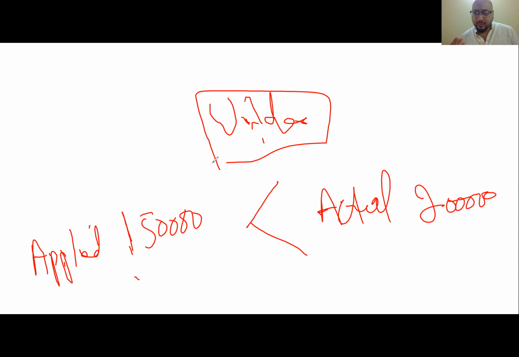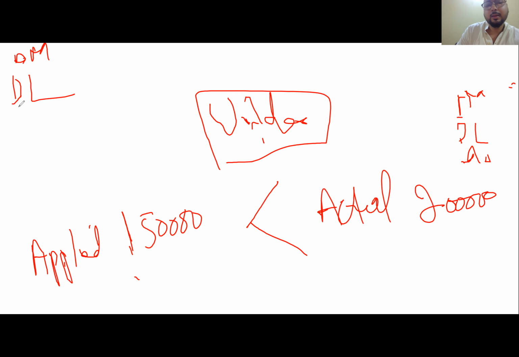So when our actual cost is increased, the product cost is going to be direct material, direct labor, manufacturing overhead. Let me write it down here: direct material, direct labor and manufacturing overhead.